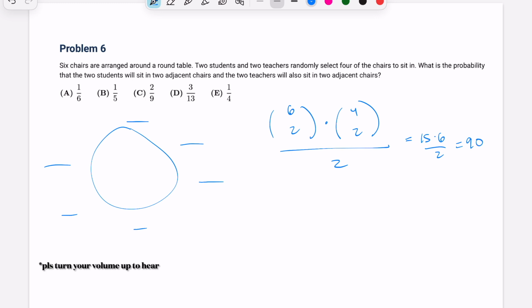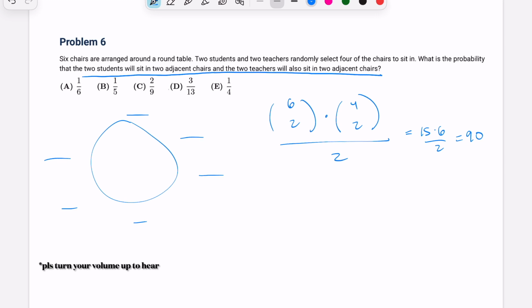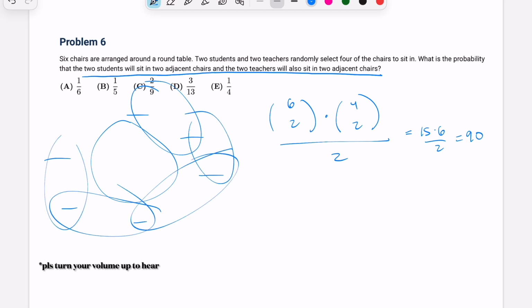Now let's find the number of ways that 2 students will sit in 2 adjacent chairs and 2 teachers will also sit in 2 adjacent chairs. So first, let's pick a pair of seats for the students. So that could be this pair, this pair, this pair, this pair, this pair, or this pair. That's a total of 6 pairs.